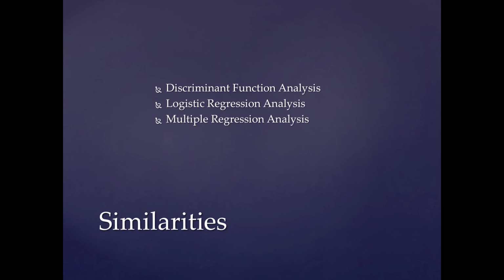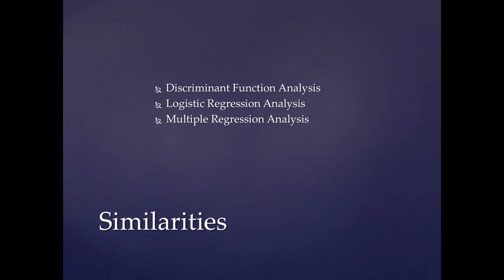Now, you may think, if you're paying much attention here, that there are clear similarities between discriminant function analysis, logistic regression analysis, and multiple regression analysis. The difference here lies much more strongly between discriminant function analysis and logistic regression than it does with multiple regression.